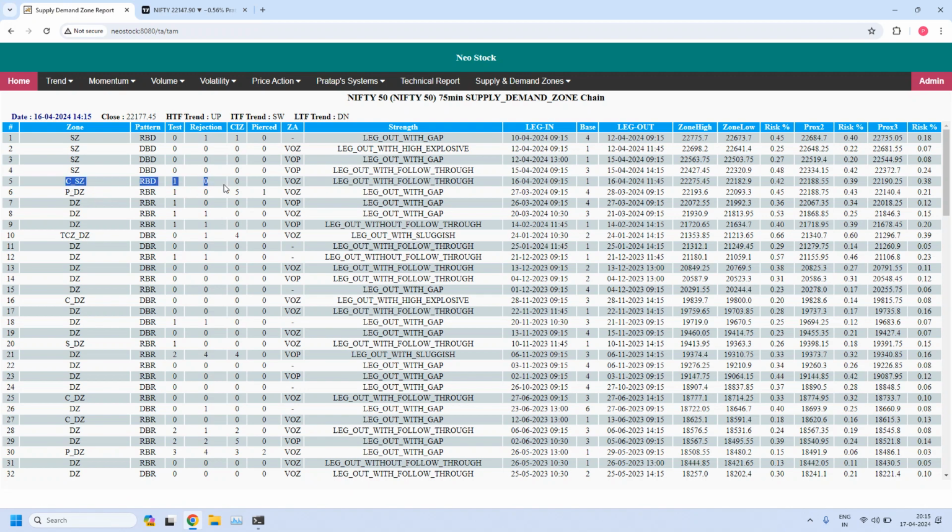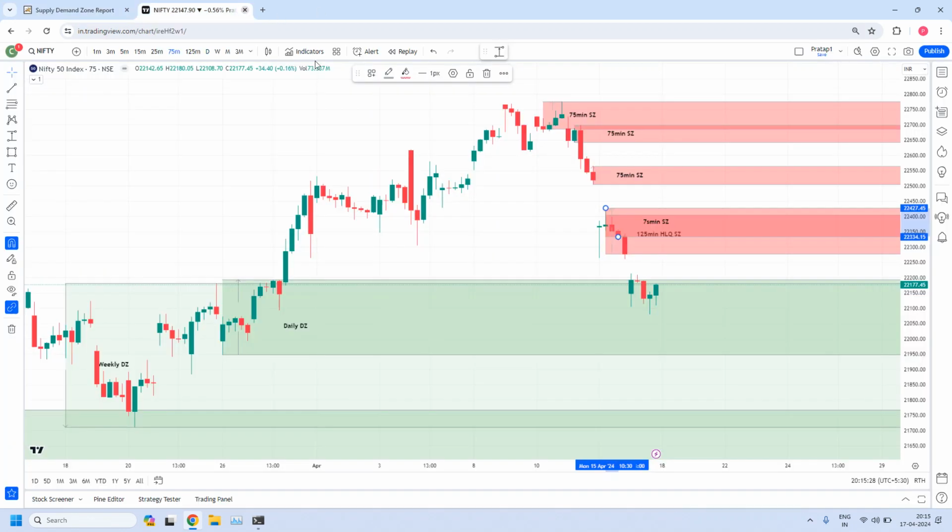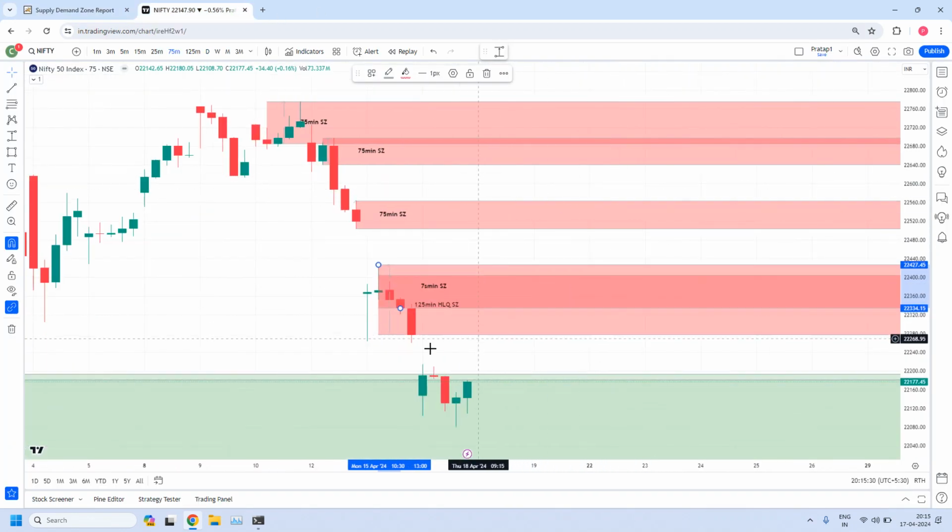There is one more zone, 16-4, 9-15, 1 base candle. This is the one, 16-4, 9-15. This is a drop candle with hidden body. And here we have 1 base candle. And then again a drop candle.